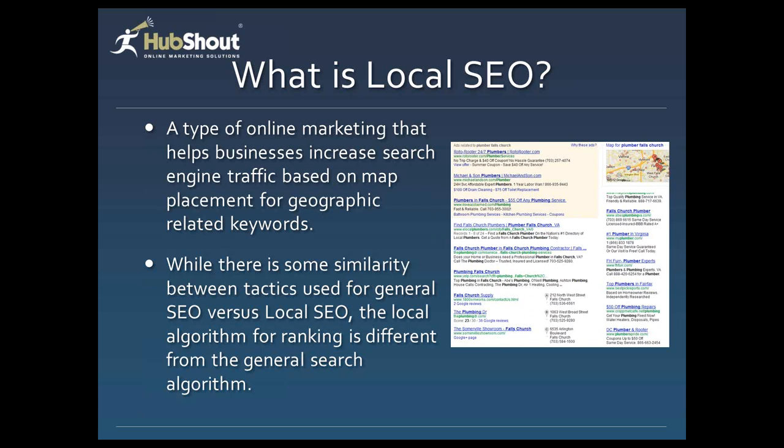The other thing to note is that there are many search queries out there where Google just automatically shows the local results, even if you're using what some would call a national phrase.